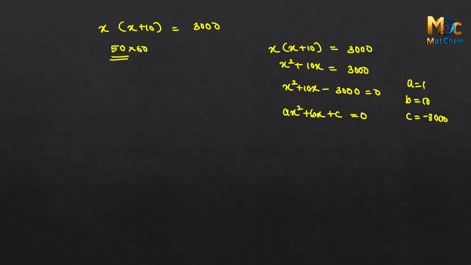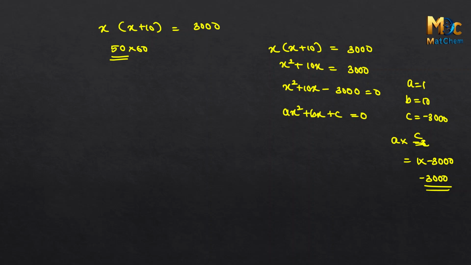So we can solve this particular equation by splitting the middle term, or by using the quadratic formula. So how can we proceed with splitting the middle term? Take the coefficient of x square, that is a, into the constant, that is c, which is equal to 1 into minus 3000, that is equal to minus 3000.